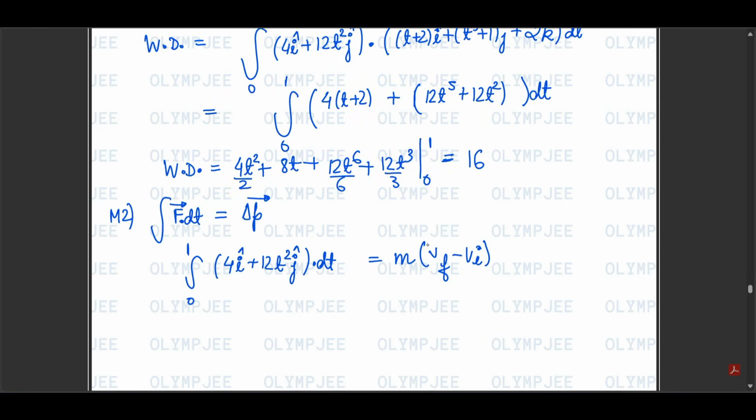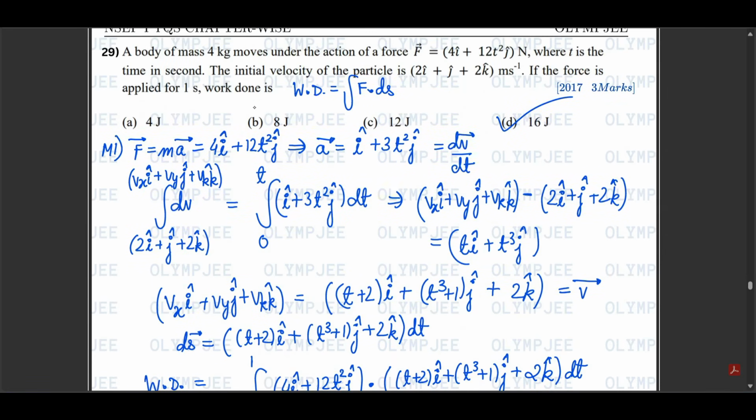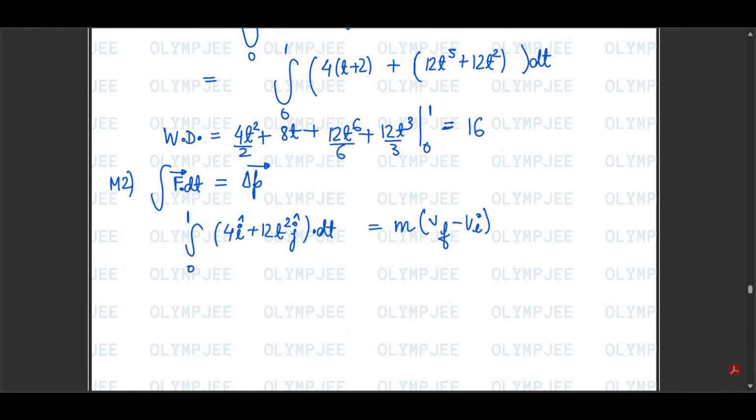We are finding the v final and v initial because the change in kinetic energy is equal to the work done right here. So we can find the change in kinetic energy, and for that we need to find the initial and final velocities.